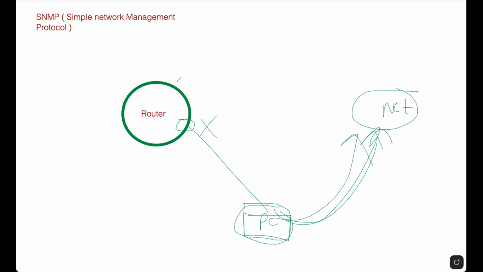So we will configure the router to send a trap to a server, whenever an interface goes down, whenever there is high CPU, whenever OSPF, EIGRP or BGP goes down, or this router has an issue with the physical layer, like a bad cable or a bad port, that information will be sent to the server.